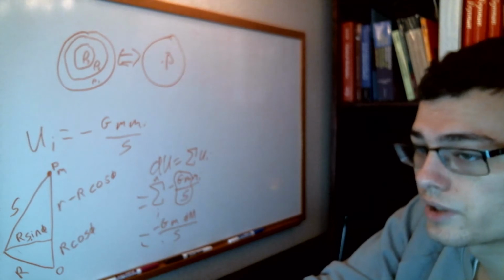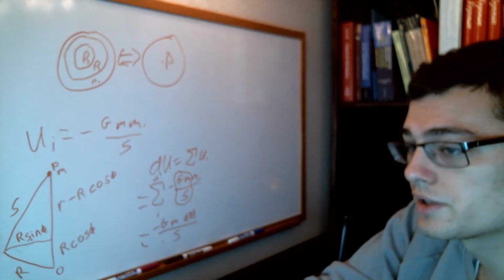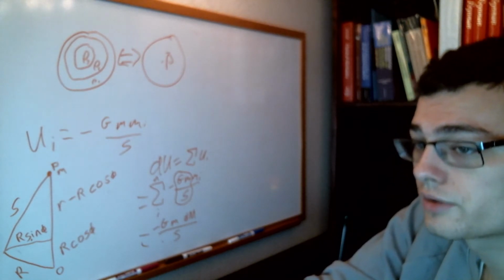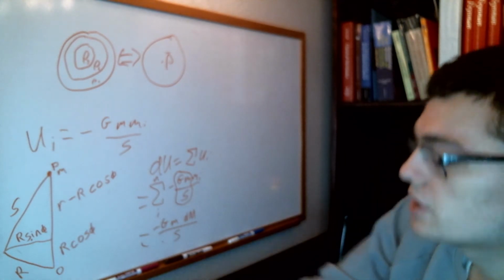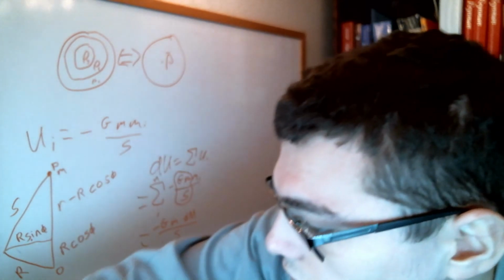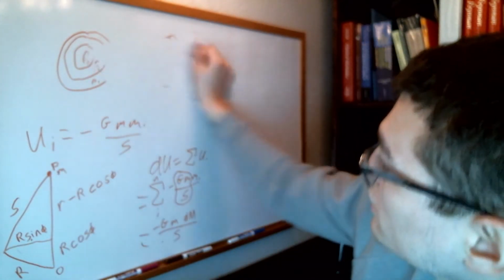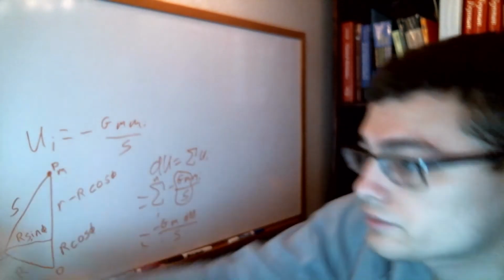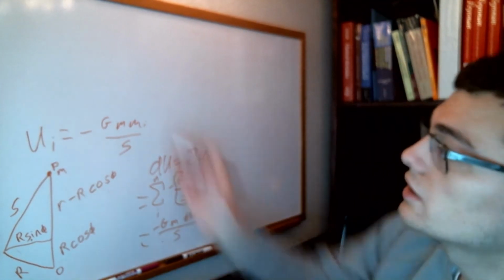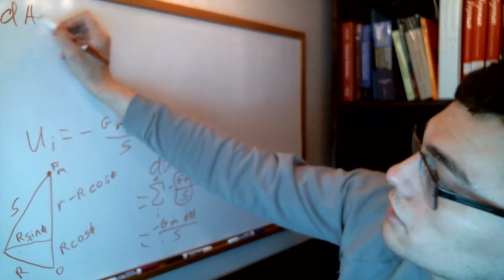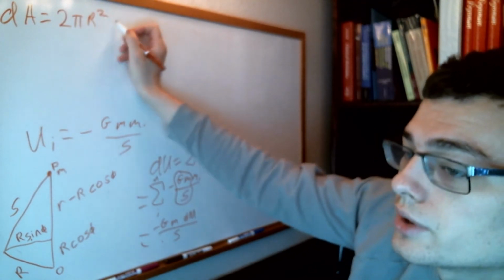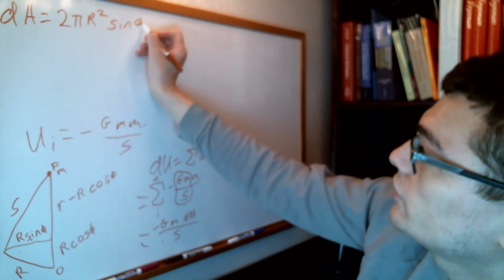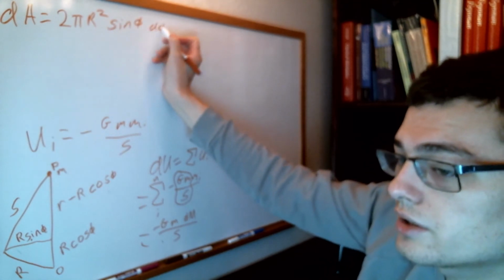And the width of the ring is R d phi, and its area is approximately equal to its width times its circumference. So we can now say that dA here is going to be equal to 2 pi R squared sine phi d phi.